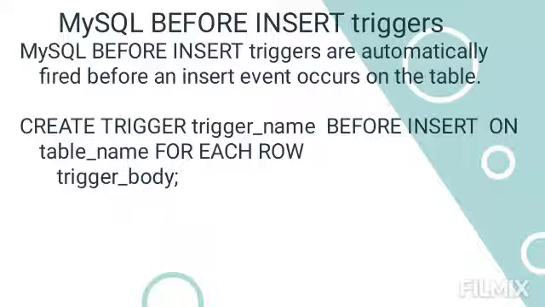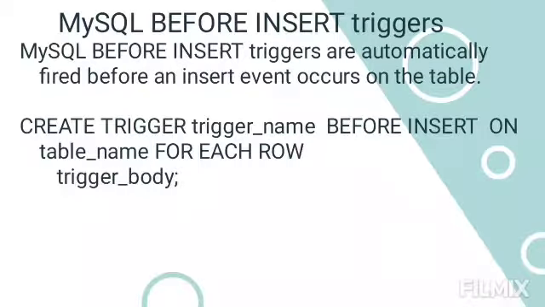Then finally, the trigger body which contains one or more SQL statements that execute when the trigger is invoked. If you have multiple statements in the trigger body, as I already said, you can use a BEGIN and END block and change the default delimiter.